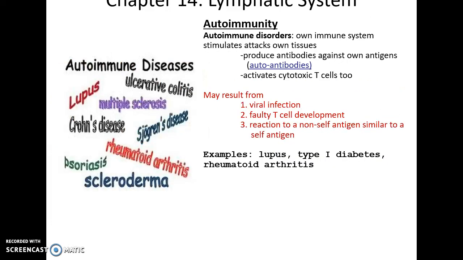There are also autoimmune disorders. This is when your own immune system is attacking its own tissues. This could be because the antigens from some pathogen are very similar to antigens on your own cells, leading to accidentally attacking your own cells. It could be by a weird viral infection causing a trigger to attack your own cells.